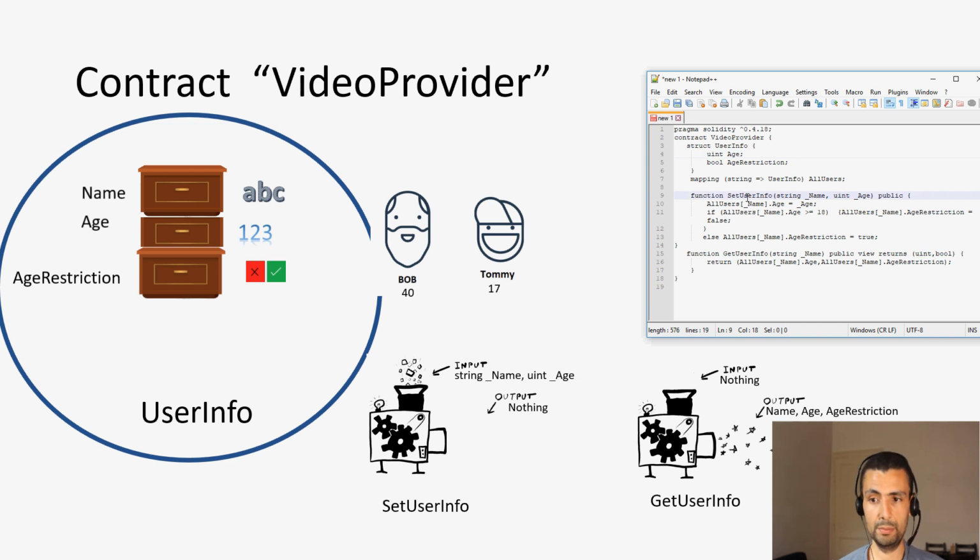So Bob will be tied to 40 and not age restricted. See guys, this is how we make it. Whereas Tommy will be bound to 17 as age and age restriction as true.